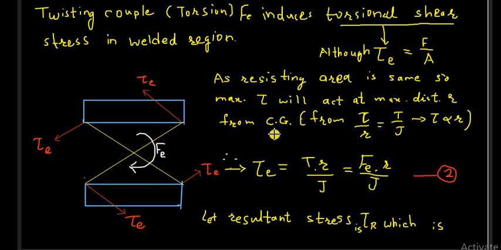For getting detail about this, you can check our previous lecture on the torsion, where I have derived this torsion equation and how this shear stress will be maximum at this end point. You will also get this torsional shear diagram.